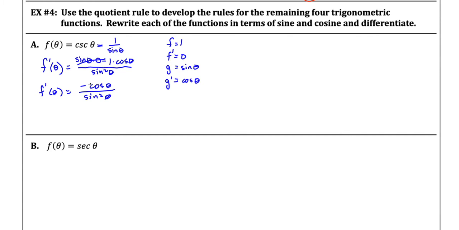So this one has a lot of different correct ways it can be written. I will show you the way you're traditionally going to see, but I wouldn't mark you wrong if whatever you wrote was correct. The way you're traditionally going to see this is negative cosine over sine times 1 over sine.